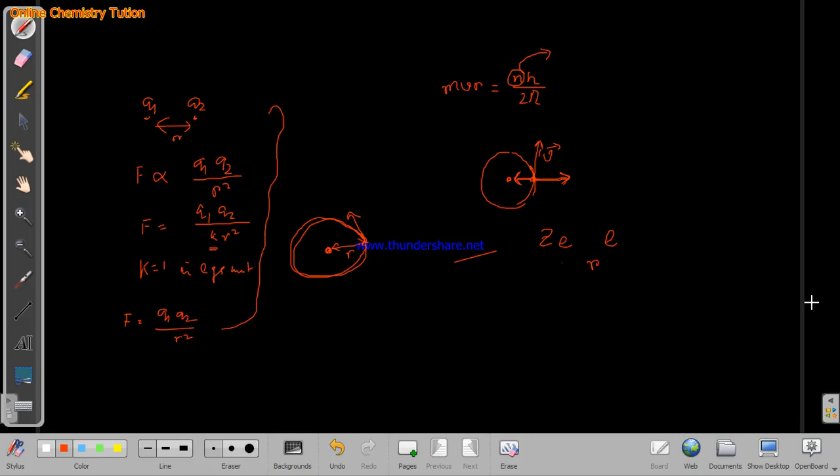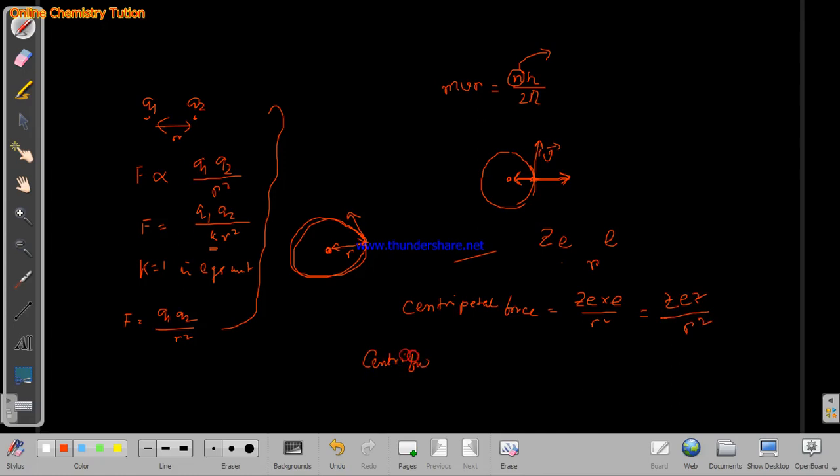So according to Coulomb law, the centripetal force will be equal to Ze into e by r square, that is equal to Ze square by r square. Now what about the centrifugal force?